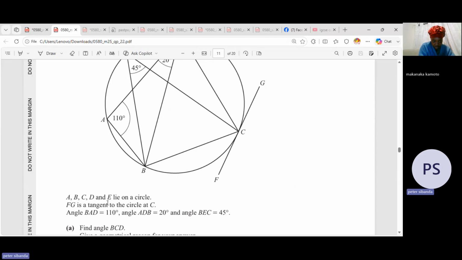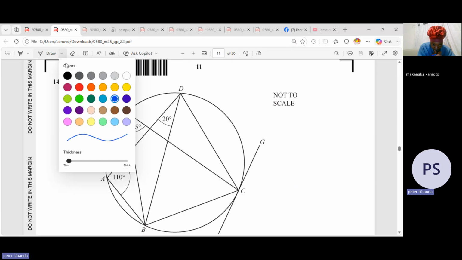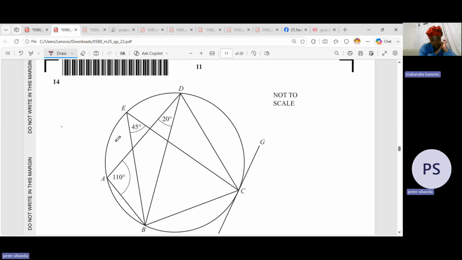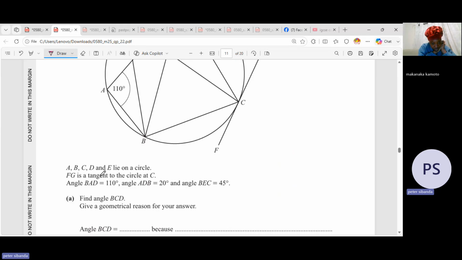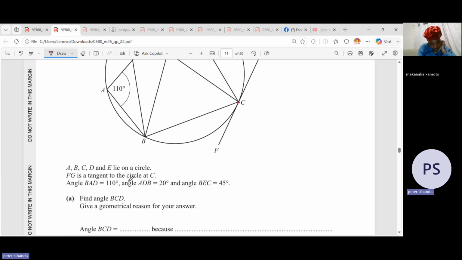They are saying A, B, C, D, and E lie on a circle. Just assurance that those corners are right on the circumference, so there's no doubt that they are on the circumference, because most of our theorems depend on it. Then FG is a tangent, with a point of contact at C. So it's a tangent to the circle at C. Angle BAD is 110.